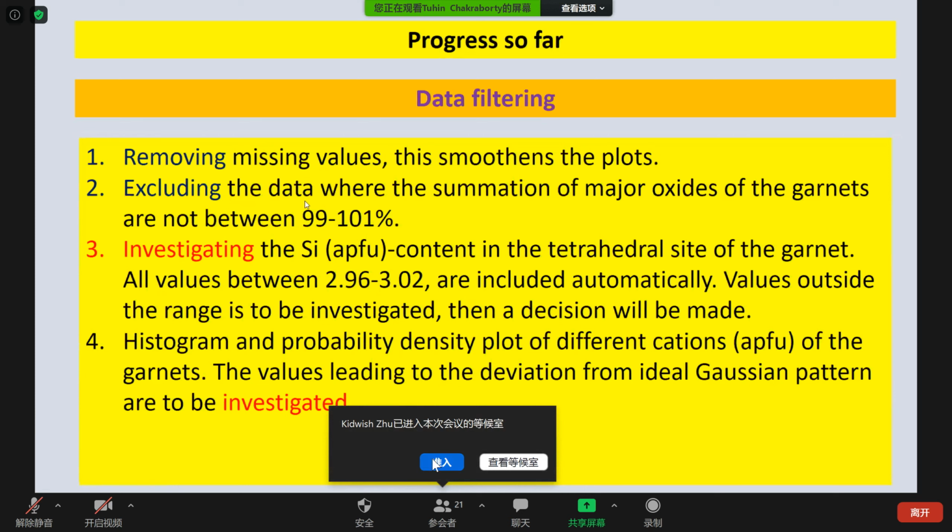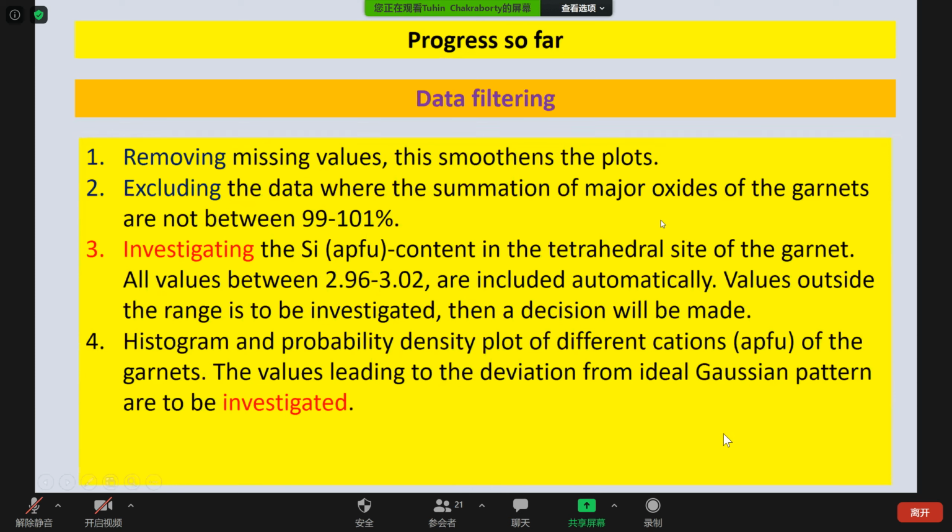I excluded the data where the summation of major oxides of garnets is not between 99 to 101%, because garnet is generally an anhydrous mineral, so obviously the total should be around 100. Another interesting thing about garnet is the Si content in the tetrahedral site.